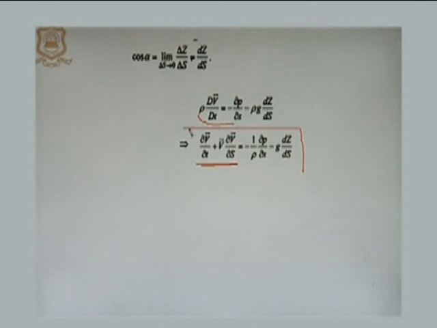So Euler's equation along a streamline can be written in this form. What is this? This is acceleration and this is the net force per unit mass.